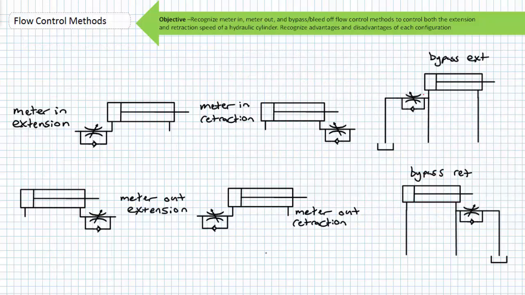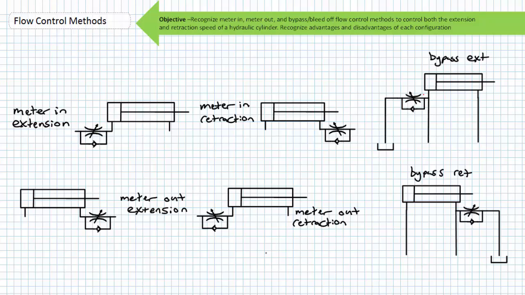In conclusion, this lecture presented meter in, meter out, and bypass flow control methods to control both the extension and retraction speed of a cylinder actuator. Additionally, we recognize certain flow control methods should not be utilized for occasions of a suspended or overrunning load and may call for alternate methods.